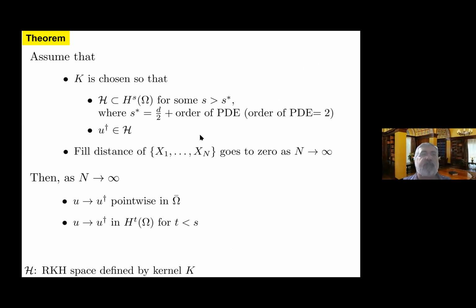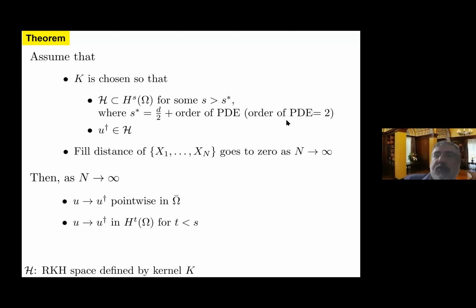Then we have the following theorem. Assume that the kernel K is chosen so that its RKHS space is contained in the Sobolev space H^s for some s greater than the dimension of the space over 2 plus the order of the PDE, which is 2 here.